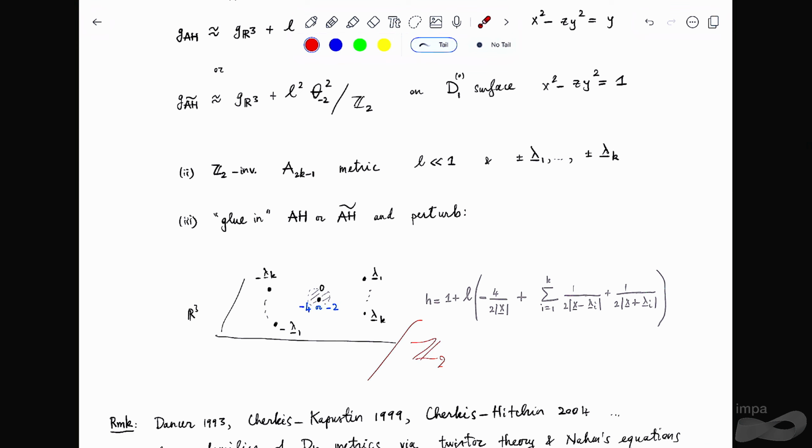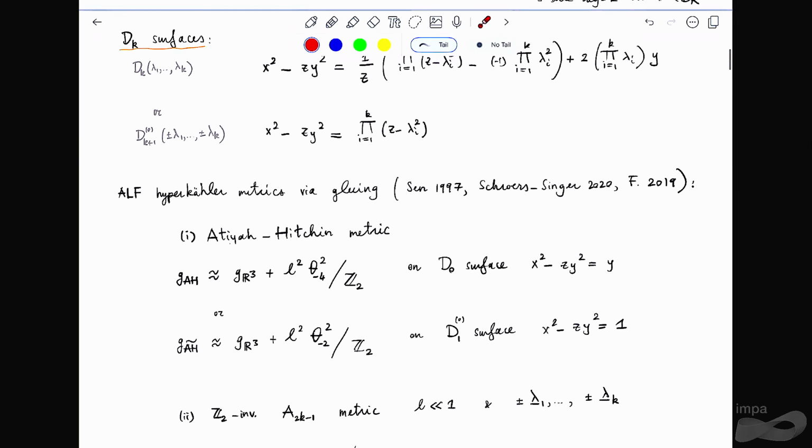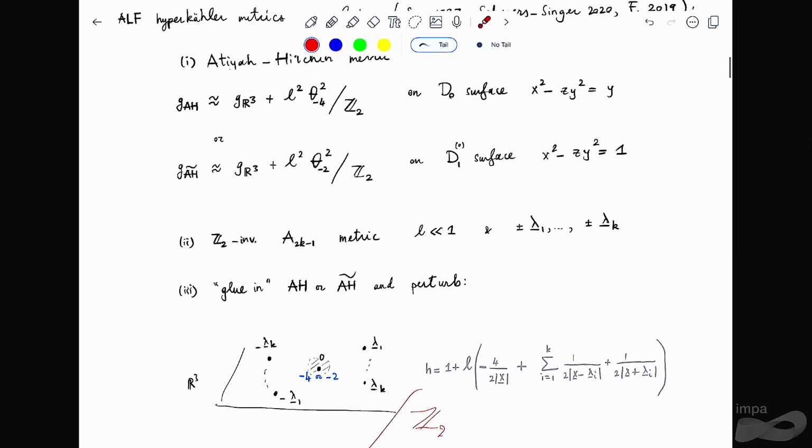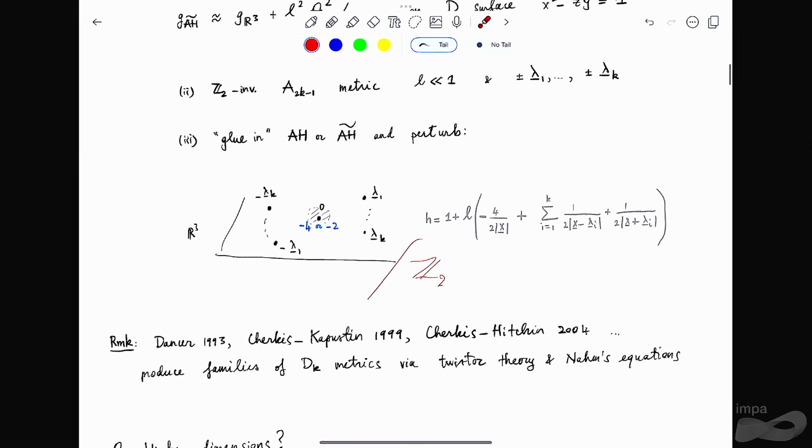So this gives a construction of Dk ALF metrics in a certain limit, and the full family of metrics can be constructed in various different ways, which is going to be relevant for this talk, in particular work by Dancer, Cherkis-Kapustin, and Cherkis and Hitchin, where there's an approach to these spaces via twistor theory and Nahm's equations that allows one to produce an arbitrary hyperkähler metric in this family.